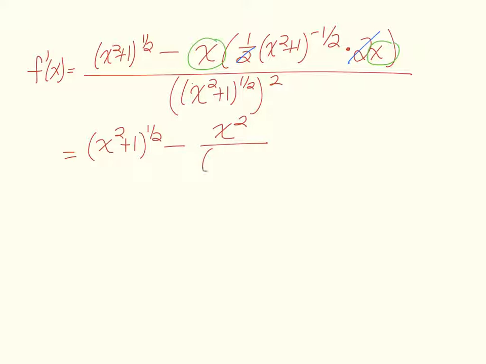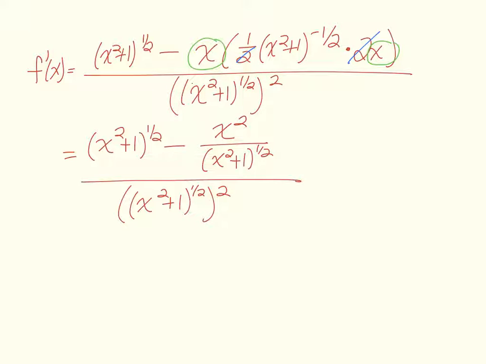So it'll be x squared over x squared plus 1 to the 1/2 power. All of that is still over this x squared plus 1 to the 1/2 power squared.